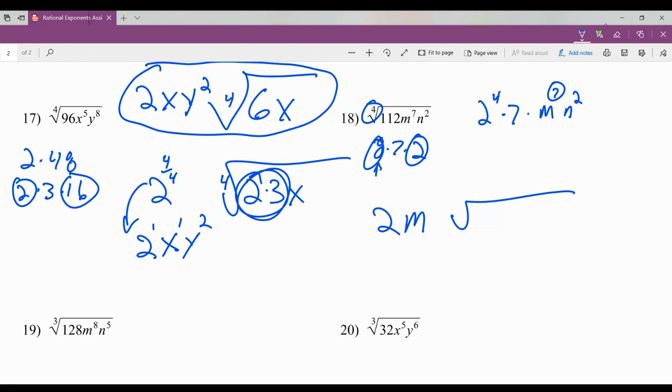Because that's like a leftover, it's like the remainder when you divide 7 by 4. M to the 7th. I get 1 full power of m out there because 7 divided by 4 goes in once with some left over.